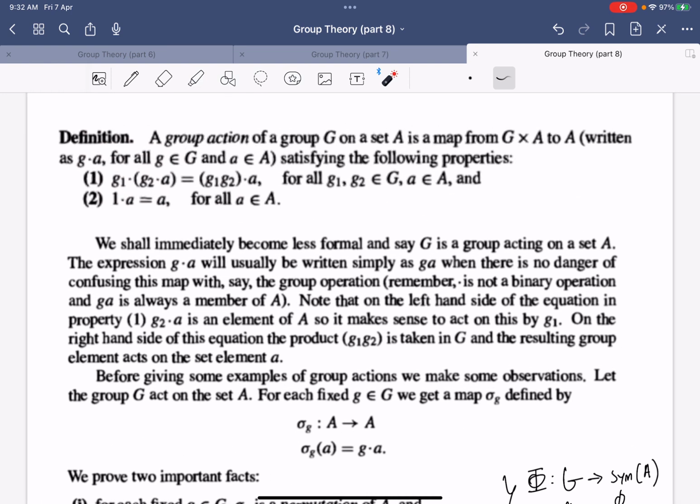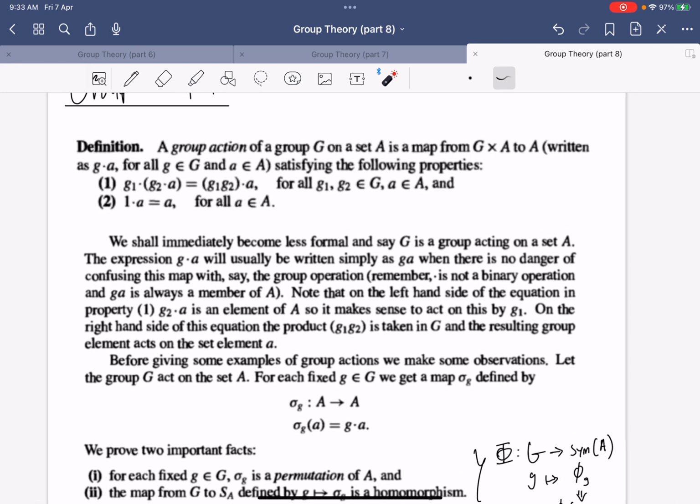So we are saying that if we take G1 and we act it on G2 acted on A, it is the same as the element G1G2, which is an element of G, acting on A. And the identity element in the group will always send A to A.